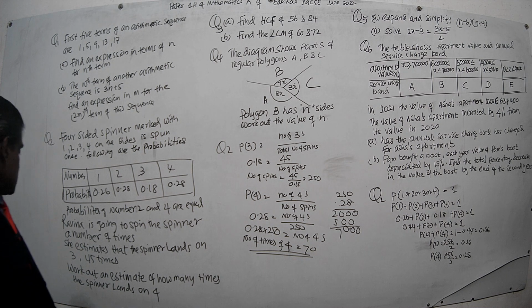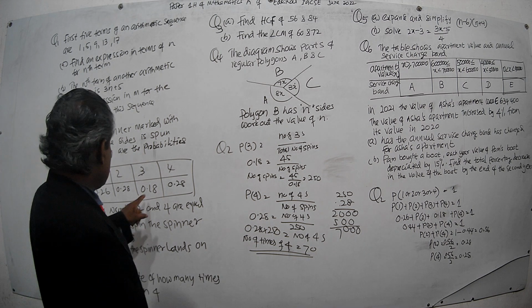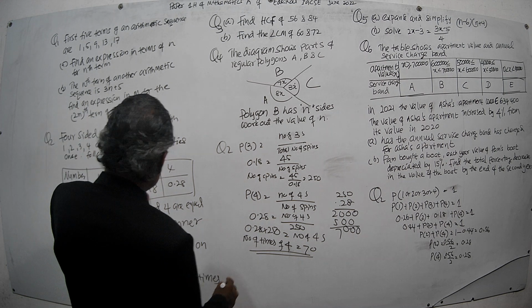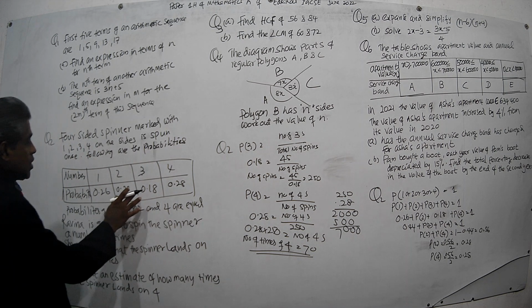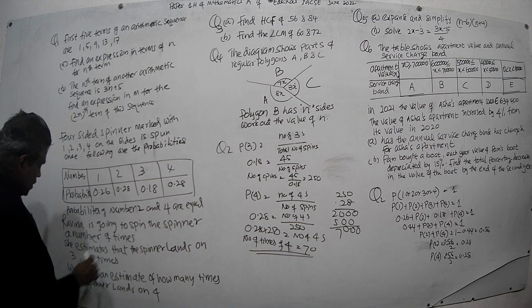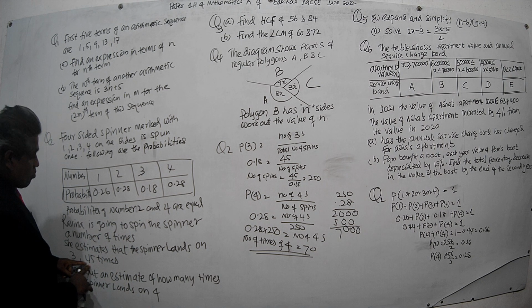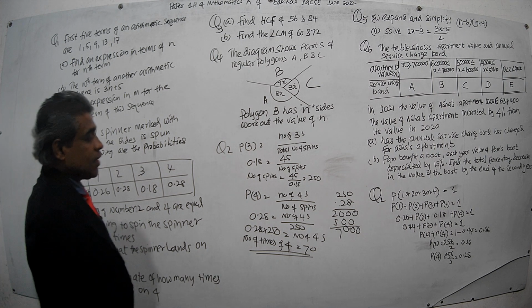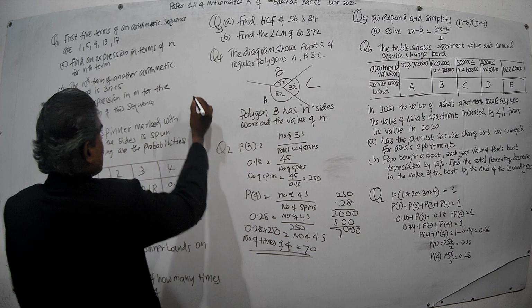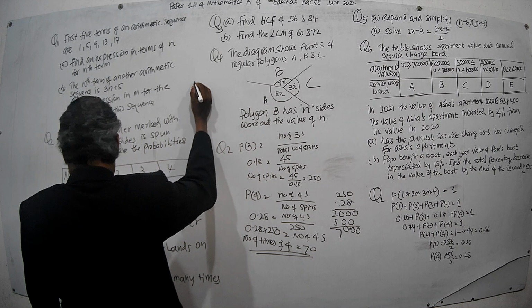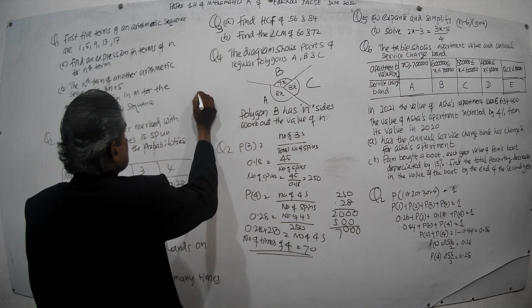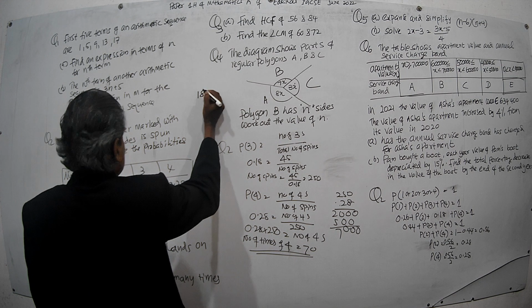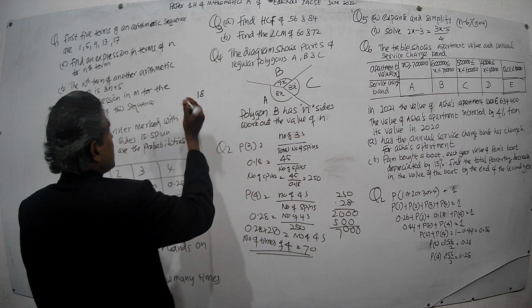Now this probability here, you get this probability of getting 3 and this number of times of getting 3, 45. Then for that you write like this. Here I will write that short method. When the probability is 0.18, when probability is 0.18, then 0.28.